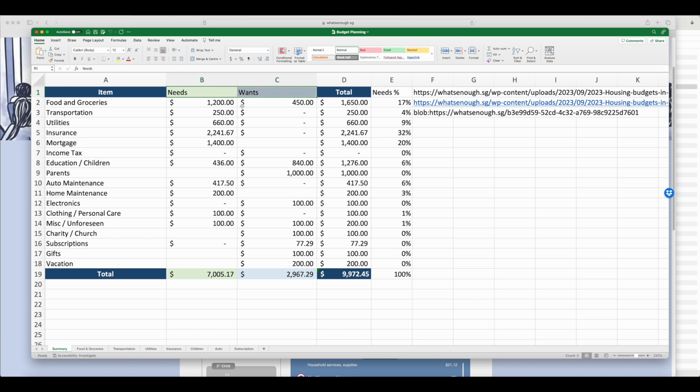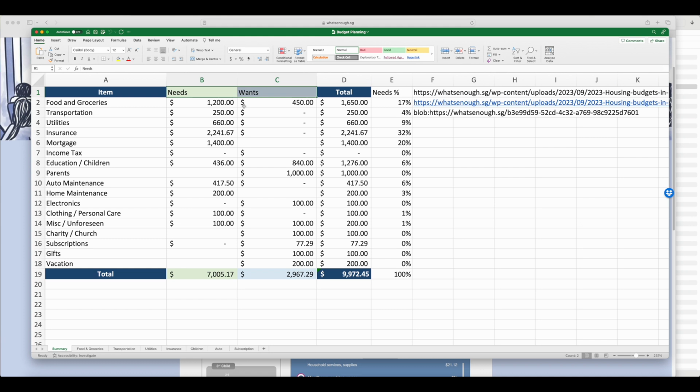In personal budgeting, there is a 50-30-20 rule in which 50% of your salary needs to go into needs, 30% needs to go into your wants, and 20% goes into savings. So that's a general guideline using the 50-30-20 rule.